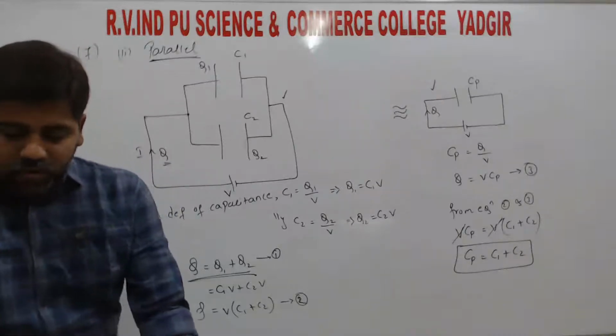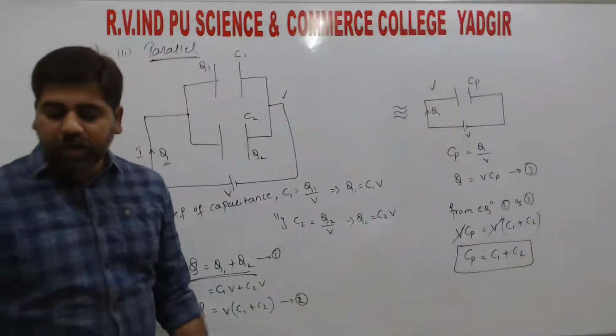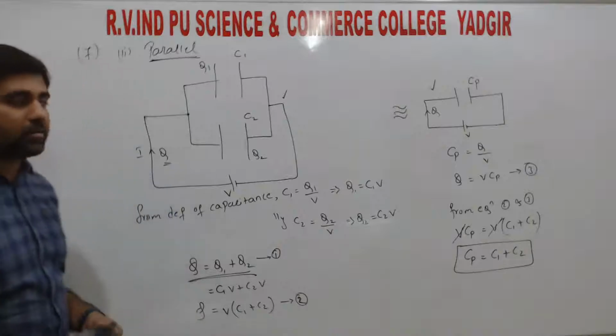So move on to the next question, that is derive the expression for drift velocity of free electrons in a conductor, right?